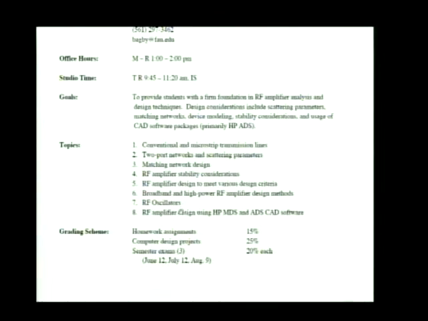What I'm going to do is I'm going to total up all the points for homework assignments and weight that as 15% of the final total. I'm going to add up all of the scores for computer assignments and weight that as 25% of the final total.